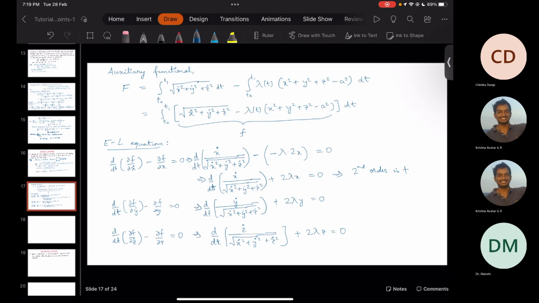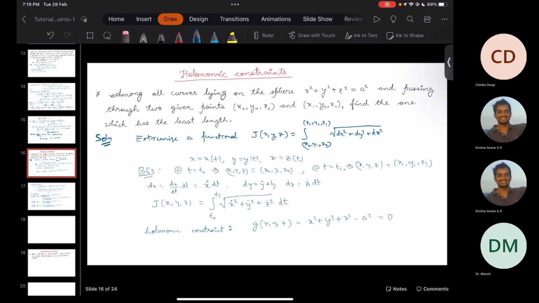So essentially all these three equations are second order in t, and you know that a second order equation has two linearly independent solutions. Fine. And what more do you see here? They're also related.